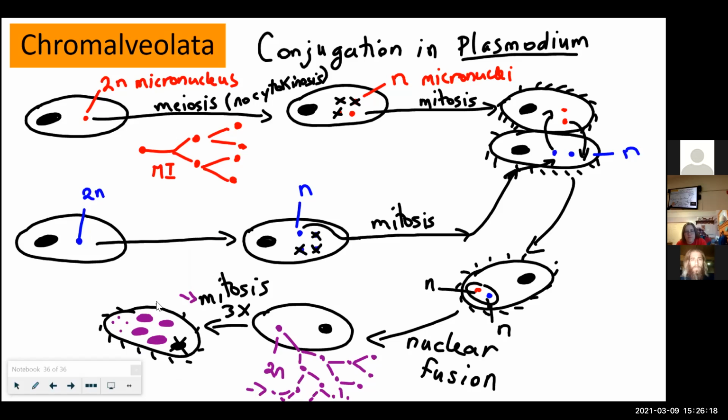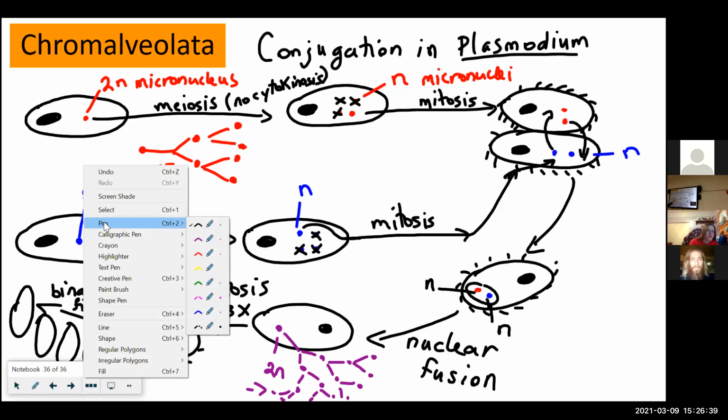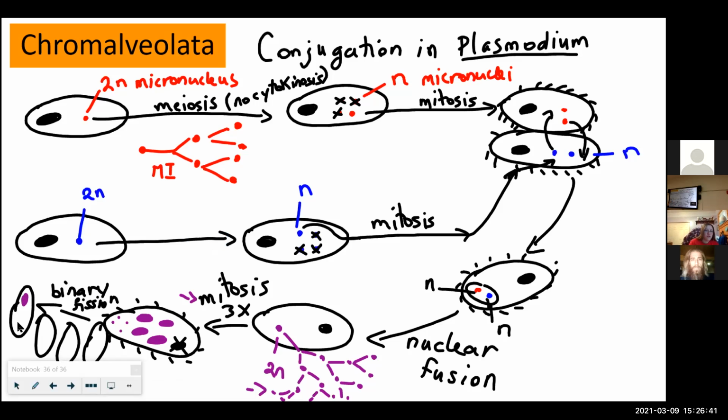This cell then undergoes binary fission, meaning that the cell actually splits, and it undergoes 2 rounds of binary fission such that in the end you end up with 4 cells, each with a macronucleus and a micronucleus, and the cycle starts over again.